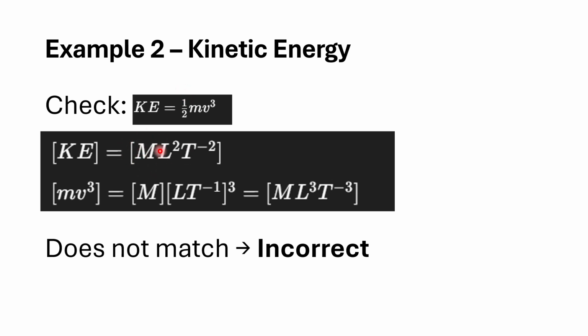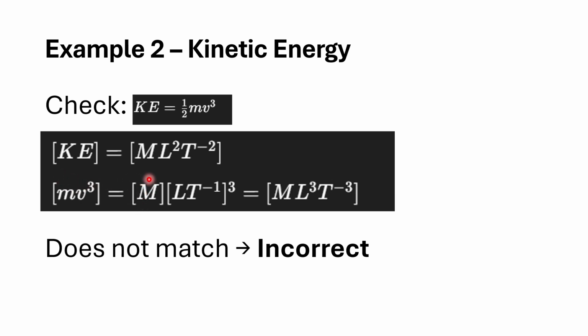We have mass m and v square. v square is length per unit time, squared, so L square and T raised to the power minus 2. On the right hand side, 1 by 2 is ignored again, and we are left with only m and v cube. Let's look at it.